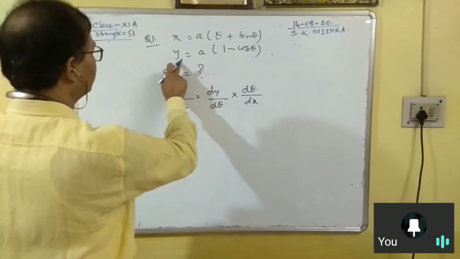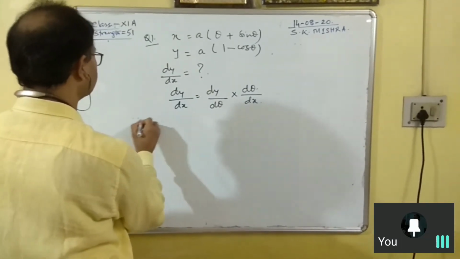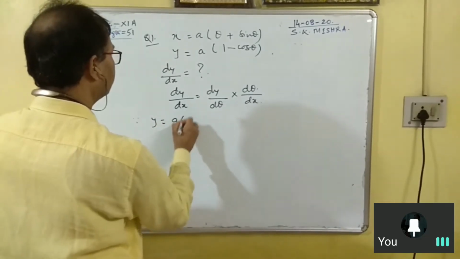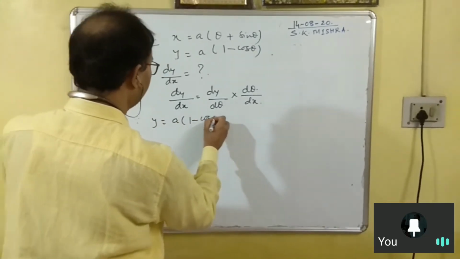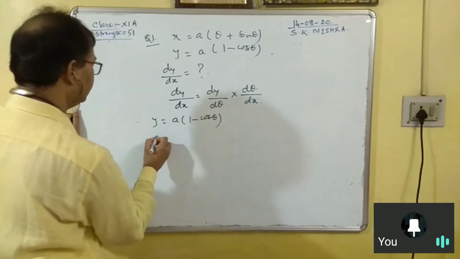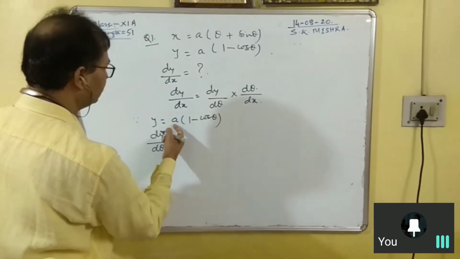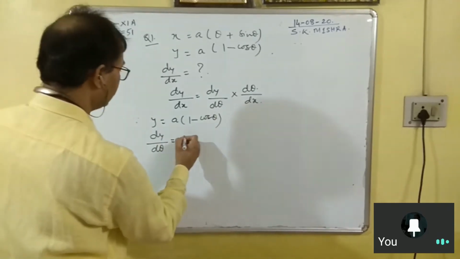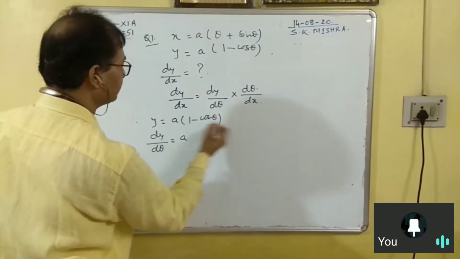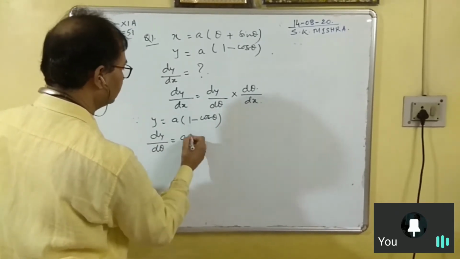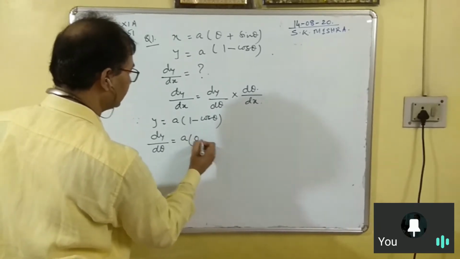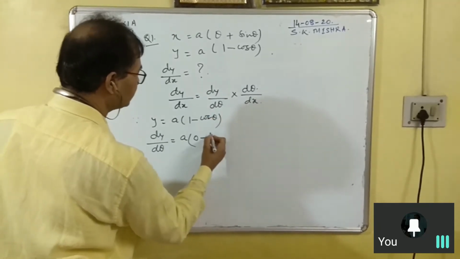From this relation you can find, since y equals a(1 minus cos theta). So what is dy by d theta? Then this a will be treated as constant, constant into differentiate this term in which theta is involved. So differentiation of 1 is 0 minus differentiation of cos theta.